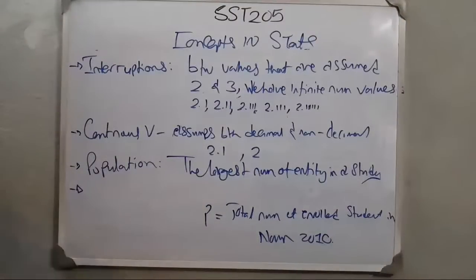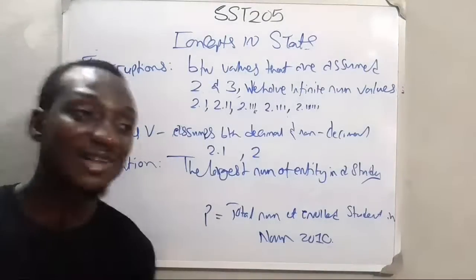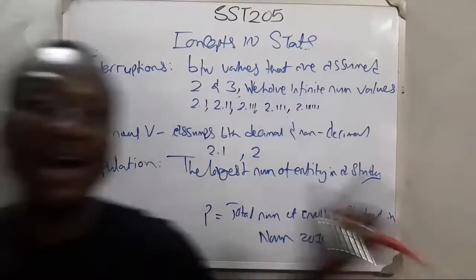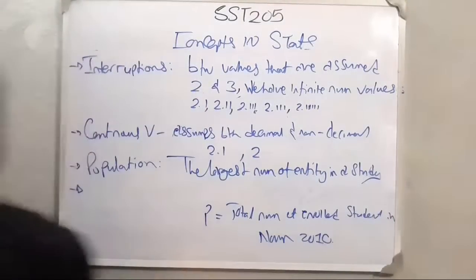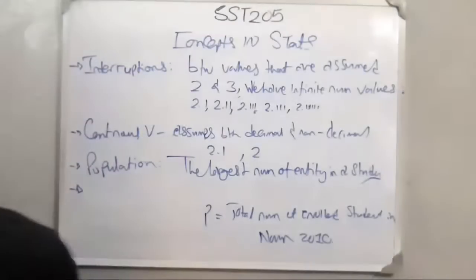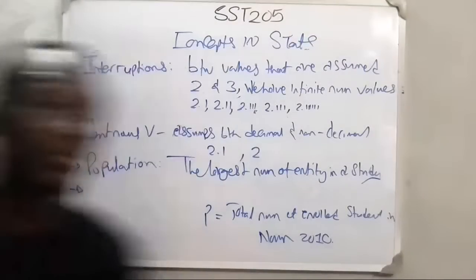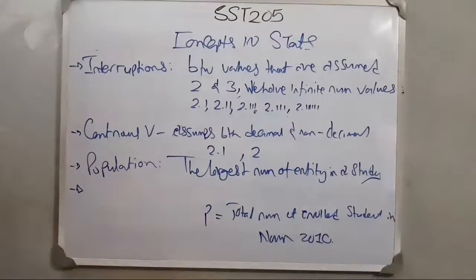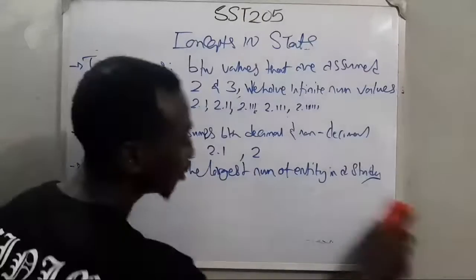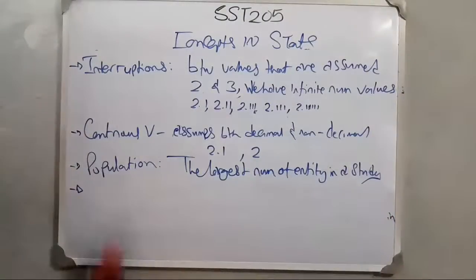From this population, they will begin to dissect: what set of people did averagely well, what set did totally well, what set did outstanding, and what set did below average. So we have population as the largest entity in a study.